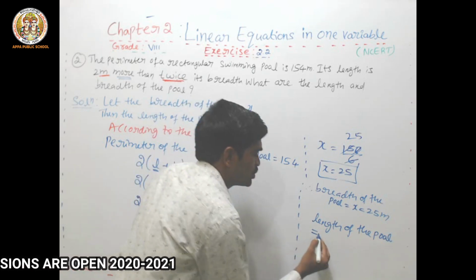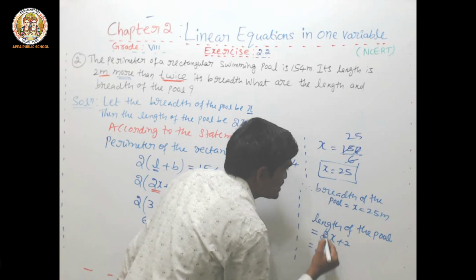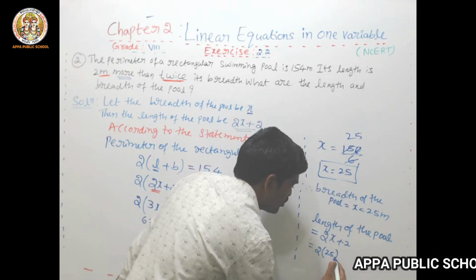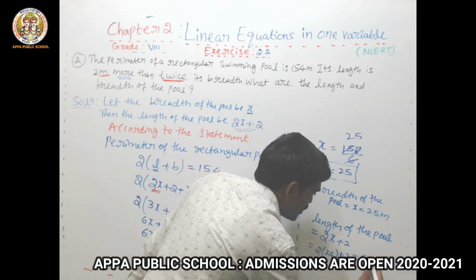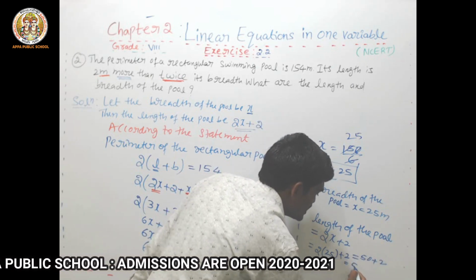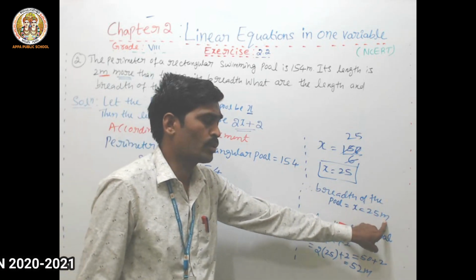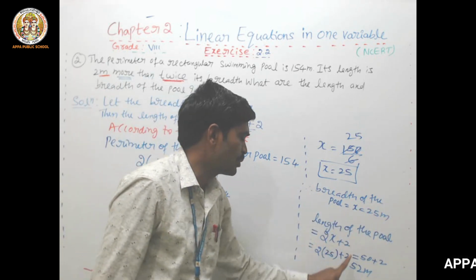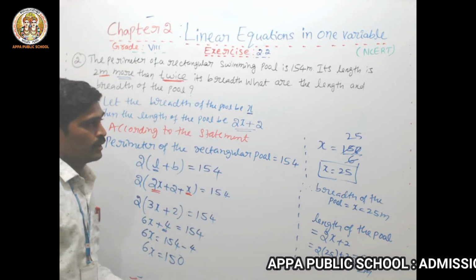Here 2x plus 2, replace the value of x. Here x is equal to 25, so 2 into 25 is 50 plus 2, that should be 52 meter. So we can say that breadth of the pool is equal to 25 meter, length of the pool is equal to 52 meter. Understood all of you? Okay.